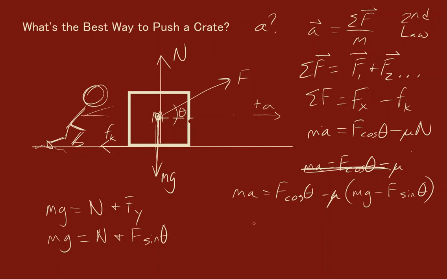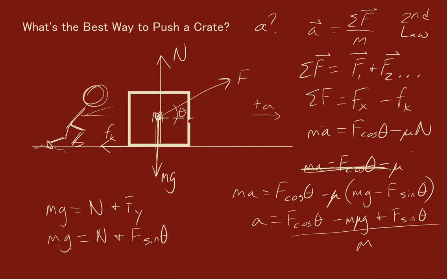And we can distribute the mu: minus mu times mg plus F sine theta. Divide everything by the mass. And so we can see here, if we're pushing upward, that will help us by reducing the amount of friction.